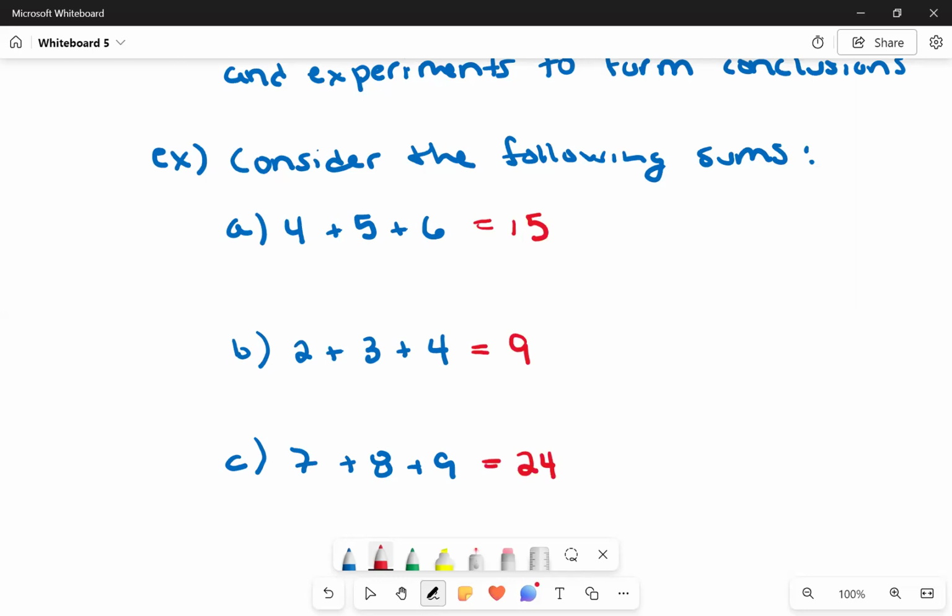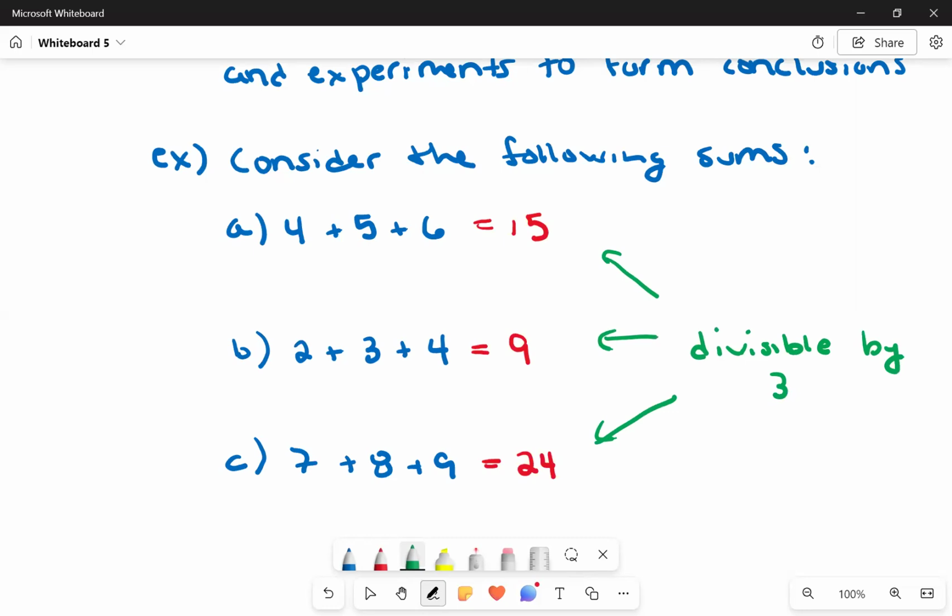Are they all divisible by a number? So looking at this, I notice the first 2 are odd, but the third one is even. I do notice though, and it might take you a second, all of these numbers are divisible by 3. Or you could say they're multiples of 3. But I can divide all 3 of those numbers by 3. And I wonder if that's a coincidence.